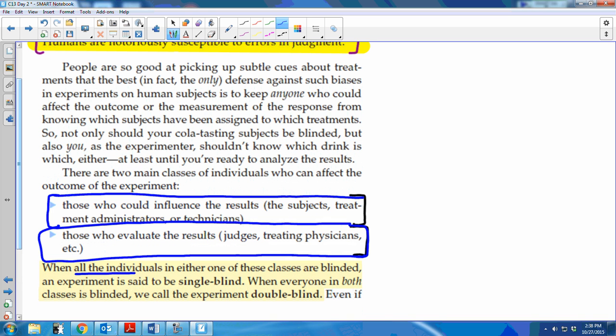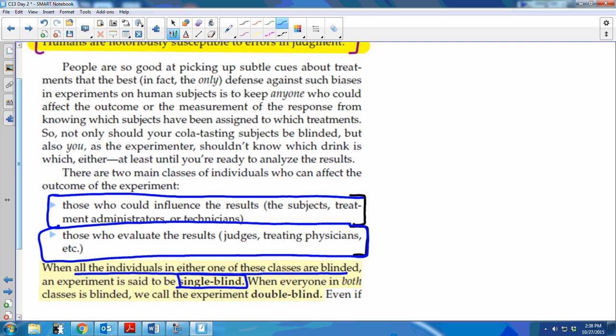If all the individuals in either one of these classes are blinded, then you have single blind. So this is what that might look like. All right? Maybe you're giving two different drugs. So you have two different treatment groups. All right? And one of the groups is getting a sugar pill, so a fake pill, that looks identical to the real pill. Okay? Well, you don't want the subjects to know which pill they're taking.